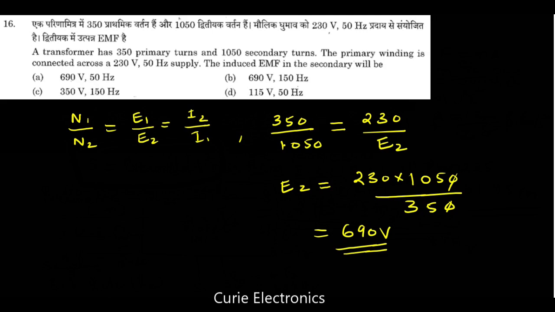But in a transformer, let me write one more sentence. In an ideal transformer, input power equals output power. Also, in an ideal as well as a practical transformer, frequency remains the same.